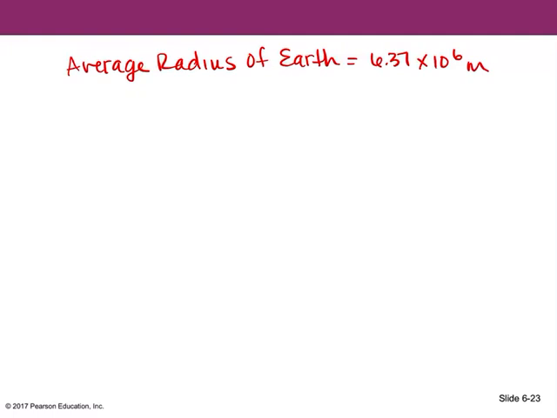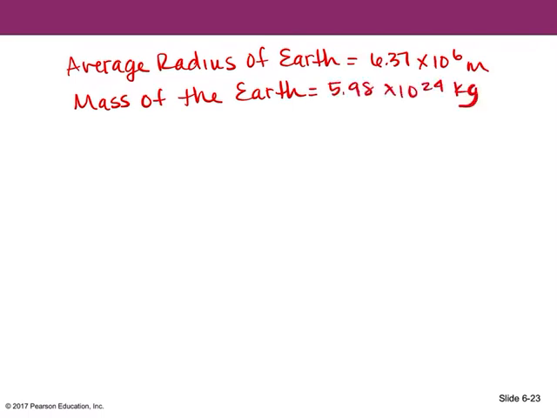You should have things like the average radius of the Earth, the mass of the Earth, the mass of the moon, things like that. The mass of the Earth is equal to 5.98 times 10 to the 24th kilograms.